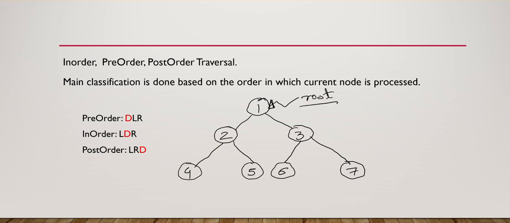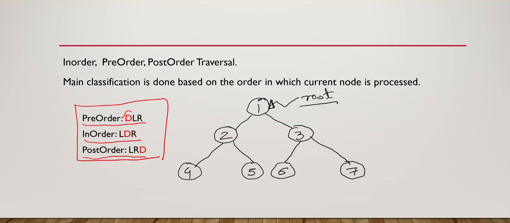But the main classification is done based on the order in which the current node is processed. That's why we are ruling out 3 combinations, and we will be discussing only the 3 important combinations, which are nothing but pre-order, in-order and post-order.